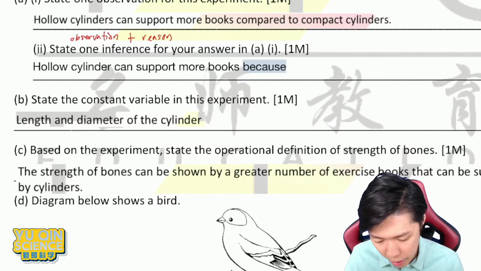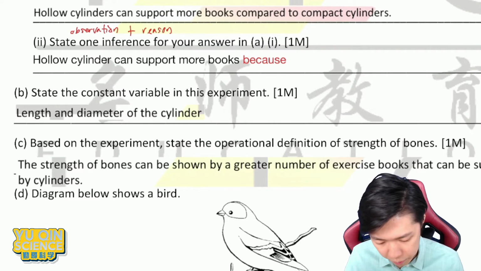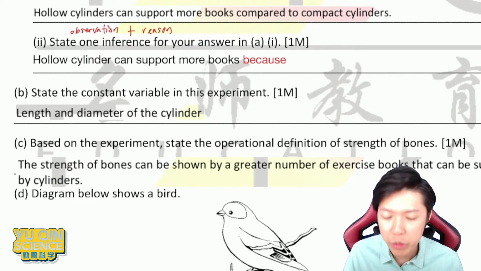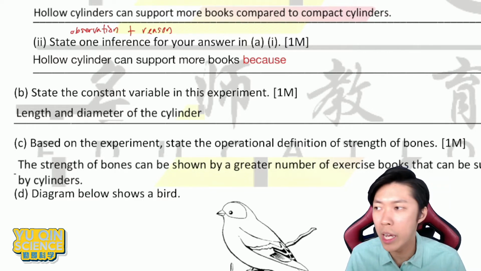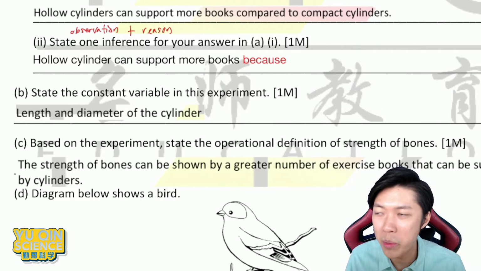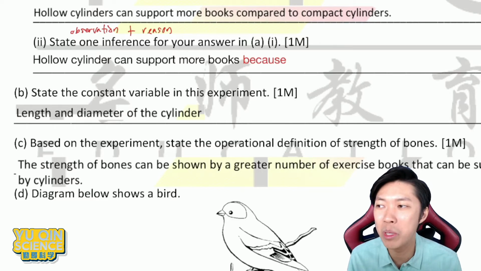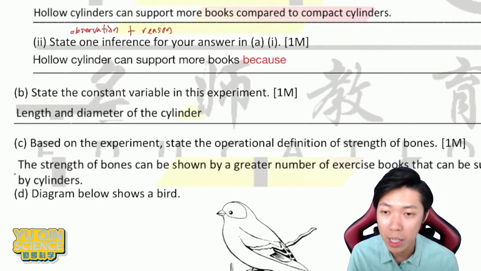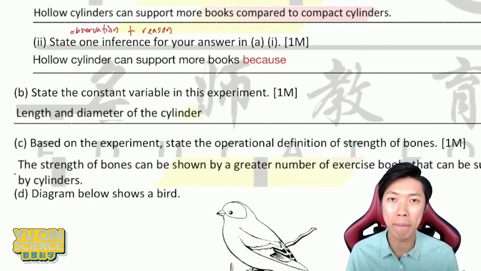So let me highlight this for you. Because. So the reason is actually the same as what we mentioned just now. Why is it able to support more books? Because simply hollow bones are stronger. It's proven in the experiment.